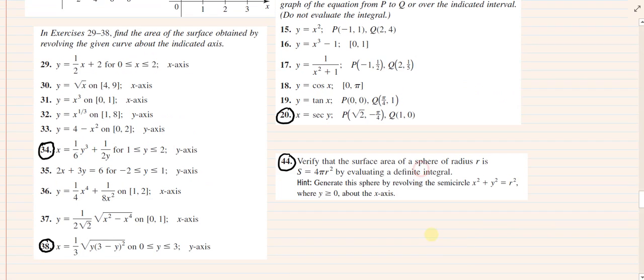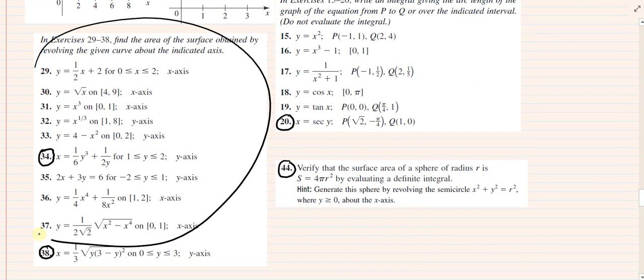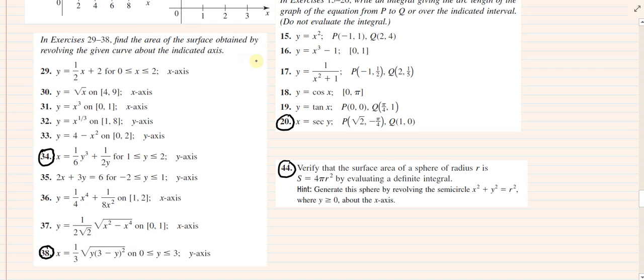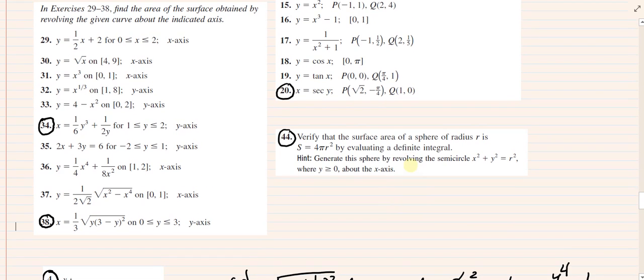Now we're looking at this segment, number 34 and 38. Both of those. Find the area of the surface. So we're looking at surface of revolution now. Okay, find the area of the surface obtained by revolving the given curve about the indicated axis.